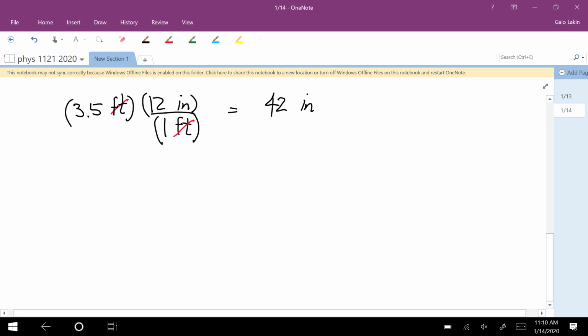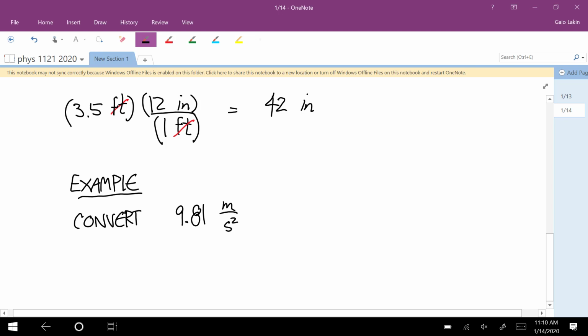Okay, so what about units like meters per second, where you have combinations of these units? So let's say we want to convert 9.81 meters per second squared.